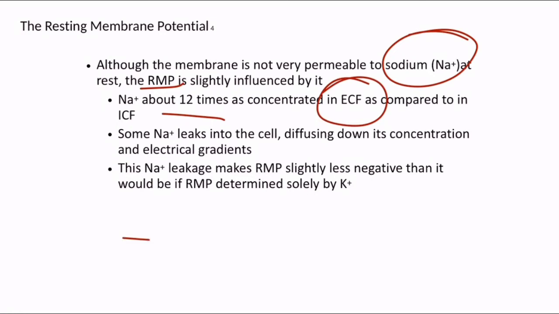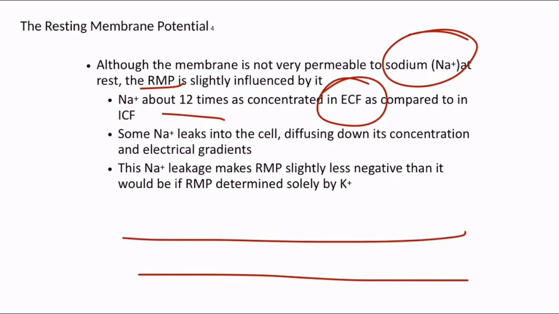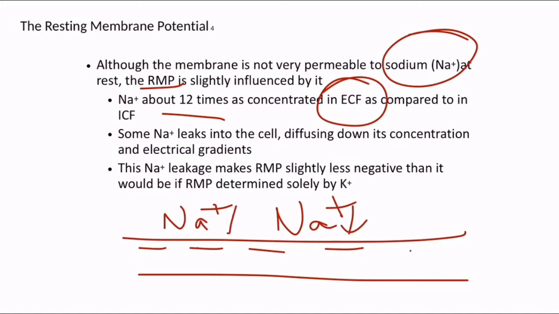So you could think of it as, here's our little axon, and here's our negative, and here's our little sodiums, these giant sodiums. They're always pulled like magnets to the outside of this axon. And that's why they're always sitting there, and that's why they're concentrated 12 times more than normal, okay?